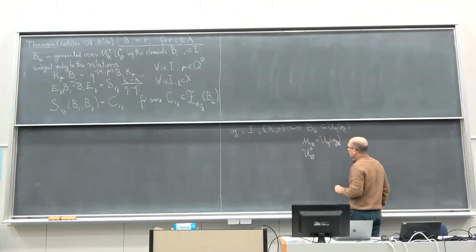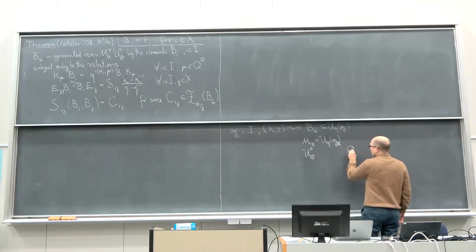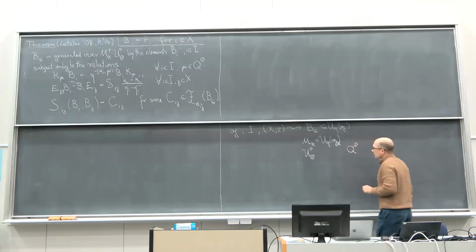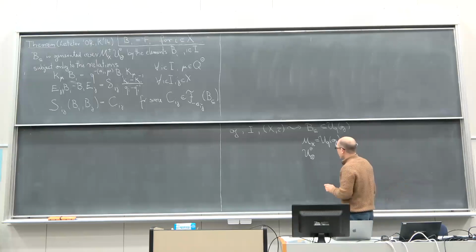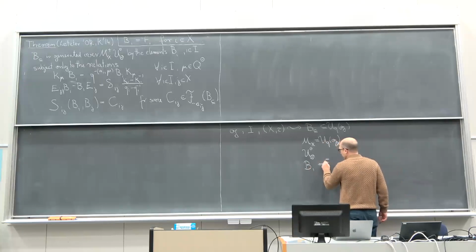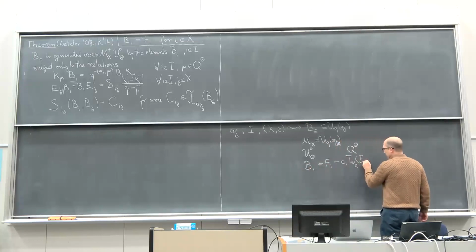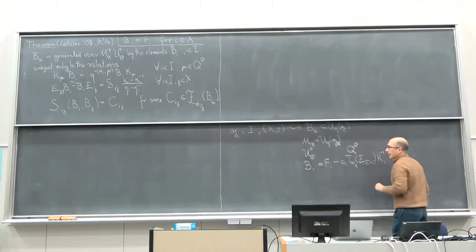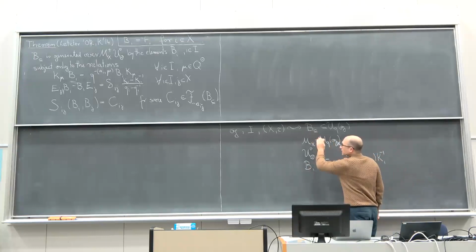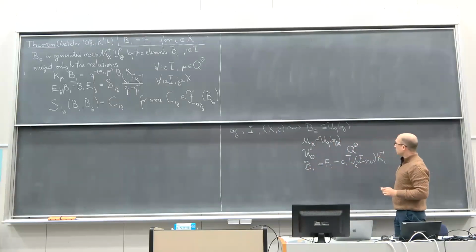This was essentially the group algebra of the theta invariants in the root lattice. And then there were these generators B_i, which were defined to be F_i minus some coefficient C_i T_{w_X}(E_{tau(i)}) K_i^{-1}. And so our quantum symmetric pair coideal subalgebra was generated by these things.